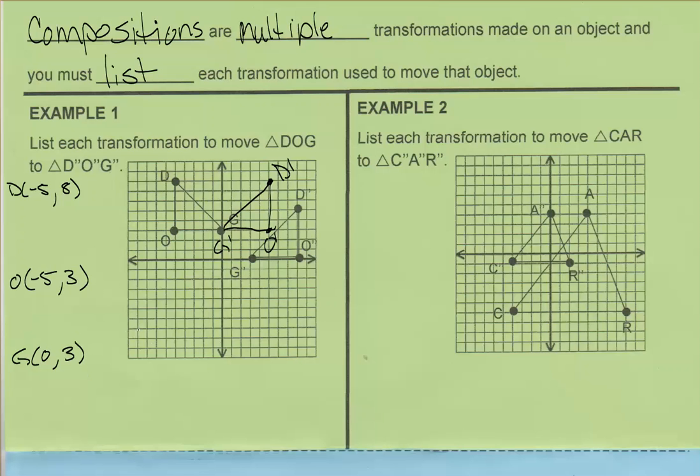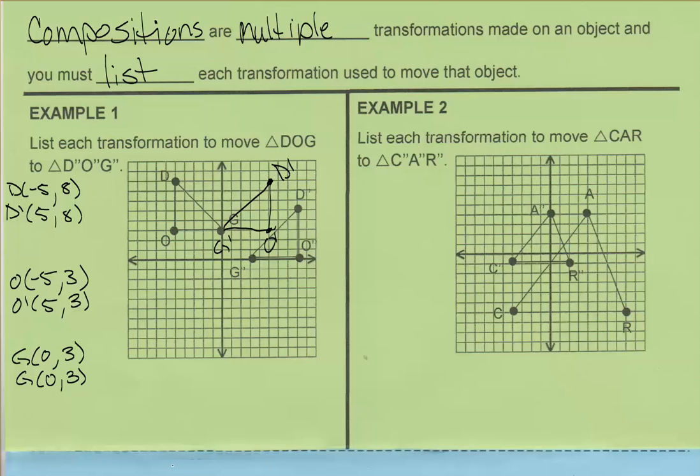And then list your primes. So D prime is at 5, 8. O prime is at 5, 3. And G prime is still at 0, 3.